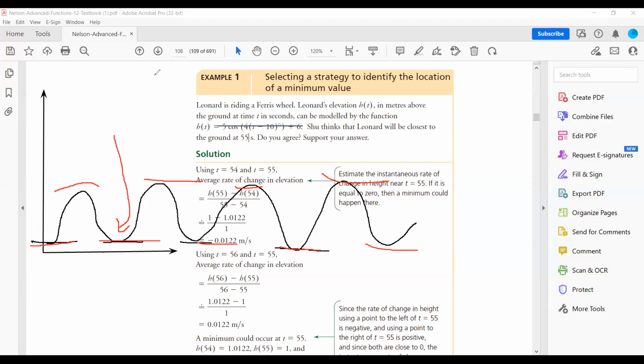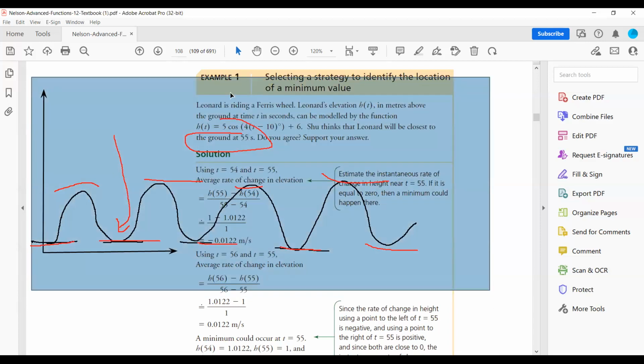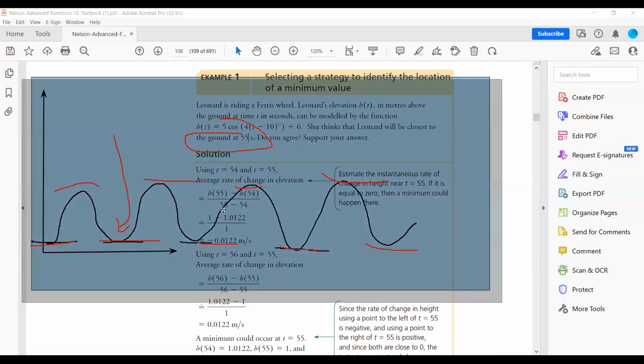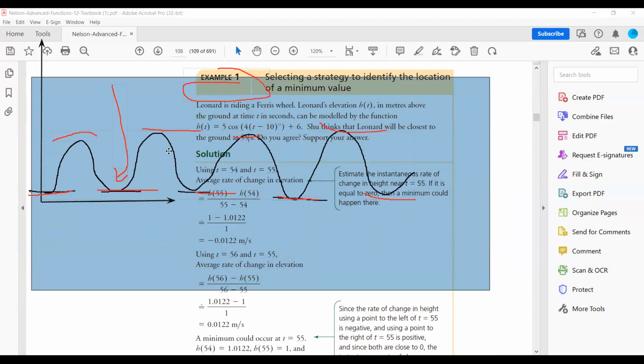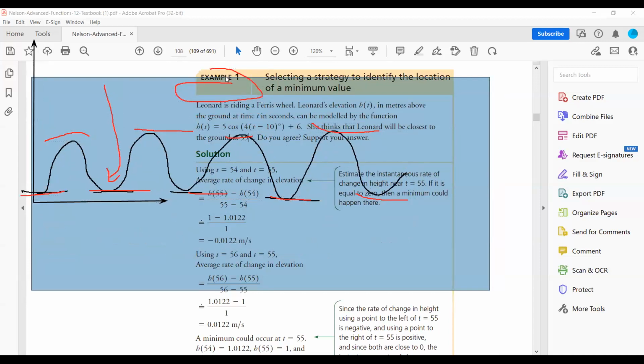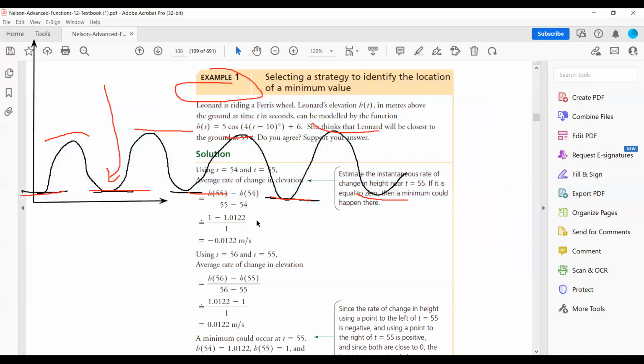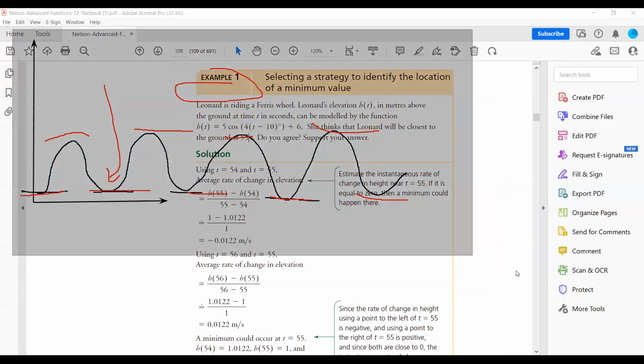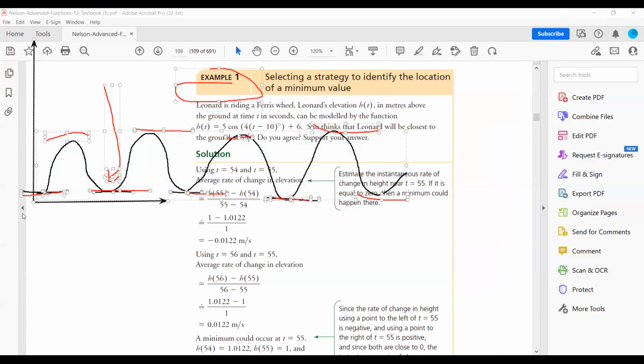To find the answer, first of all, whether it's going to be 55 seconds or not, we have to evaluate the approximate rate of change in this period of time. Approximate instantaneous rate of change. Take a look at this problem.